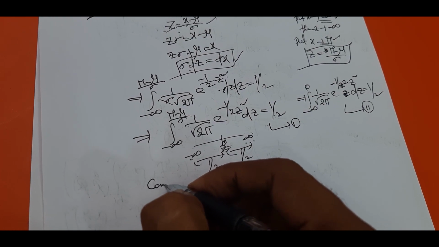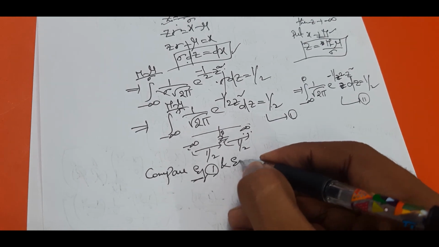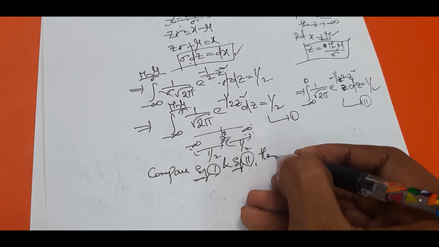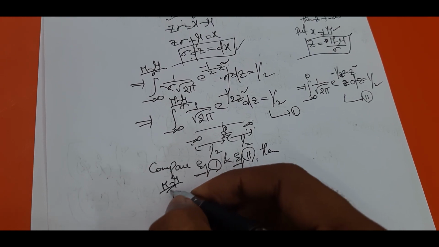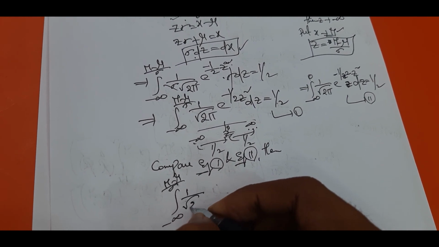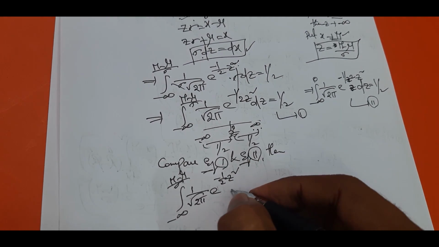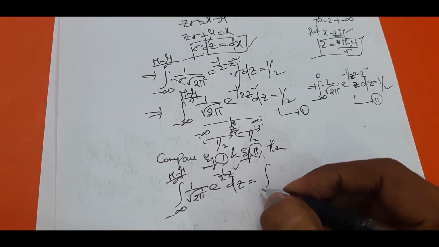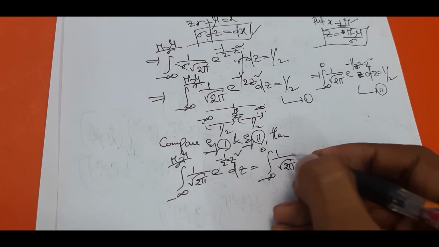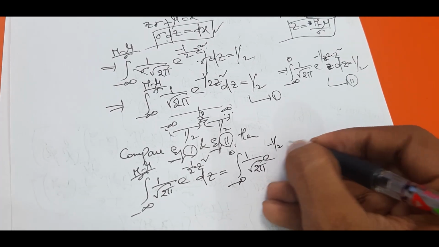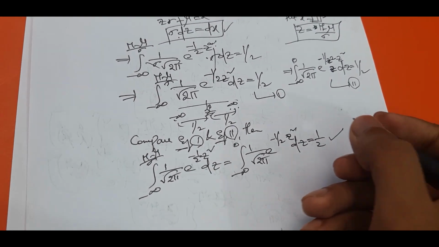Compare them. Then the integration from minus infinity to m minus mu divided by sigma of 1 divided by root 2 pi e power minus 1 divided by 2 z square dz is equal to the integration from minus infinity to 0 of 1 divided by root 2 pi e power minus 1 divided by 2 z square dz, which equals 1 divided by 2.